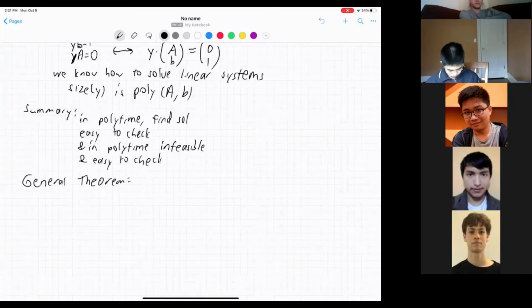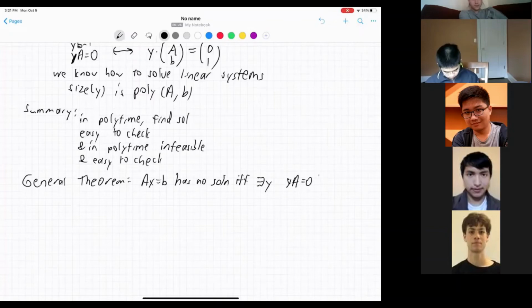Okay. So the claim is that AX equals B has no solution if, and this actually turns out to be an if and only if, but that sort of follows out naturally from the proof, there exists a Y such that YA equals 0, but YB is not equal to 0.